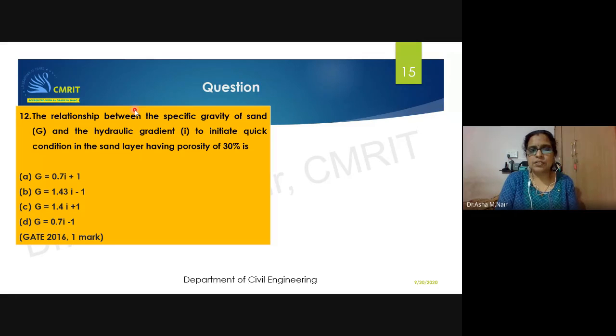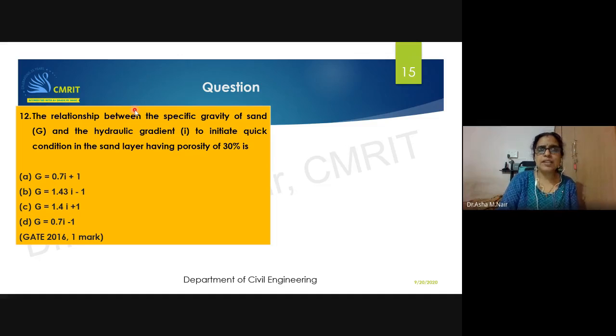Next question. The relationship between specific gravity of sand and hydraulic gradient to initiate a quicksand condition in a sand layer having a porosity of 30%.